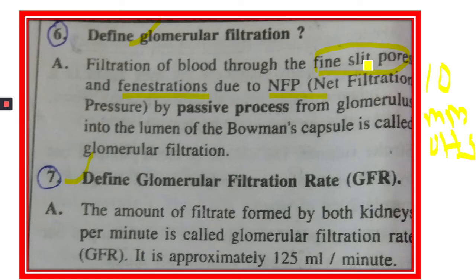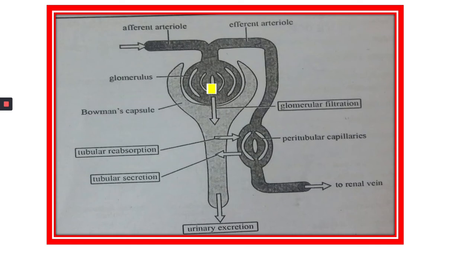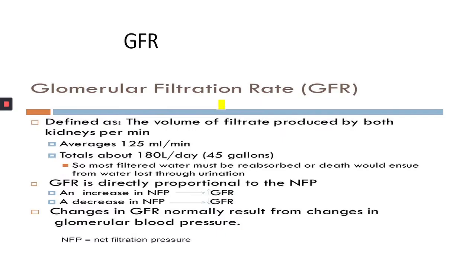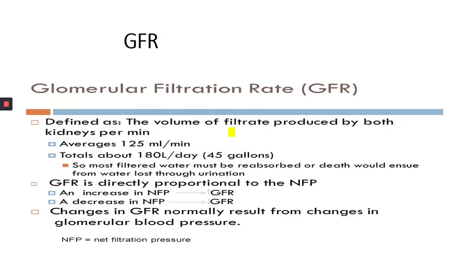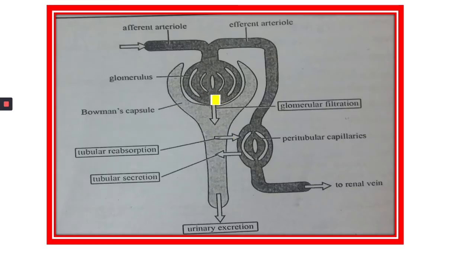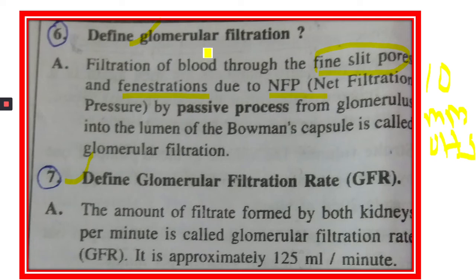Filtration of blood through what? Through fine slit pores and fenestrations, due to net filtration pressure, by a passive process, from the glomerulus into the lumen of the Bowman's capsule, is called glomerular filtration. You have to divide this point, then you can understand.